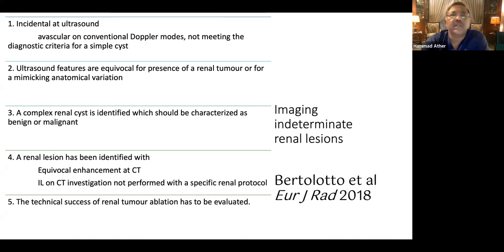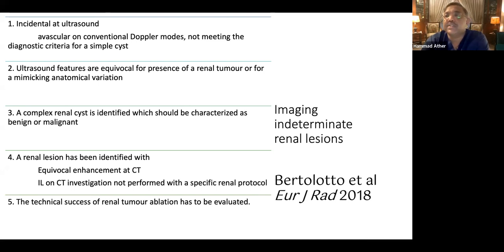So consider an incidental finding on an ultrasound of an avascular mass, where on conventional Doppler ultrasound there is no flow. However, it doesn't meet the exact criteria for a simple cyst. So that's one situation. Another situation is that there is a solid mass which mimics a tumor, but it could well be what we call pseudolesions or pseudotumors.